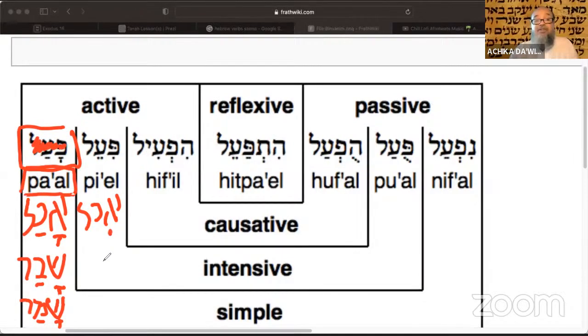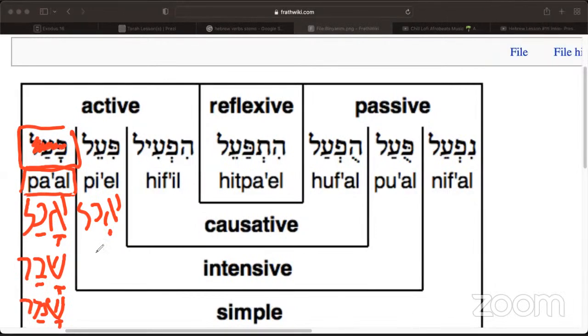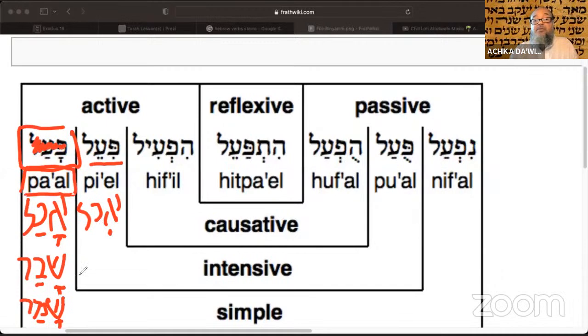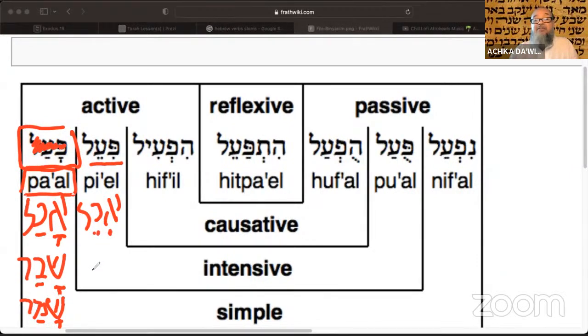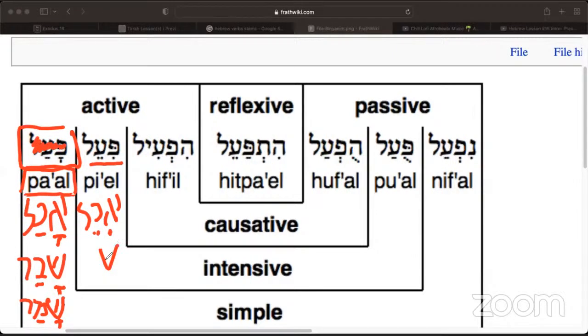What goes under the second letter? It's right here. Yeah, 2 dots. So how would you say that? Ikel. So I want you to say ikel and then say pi'el. You hear that? Again.